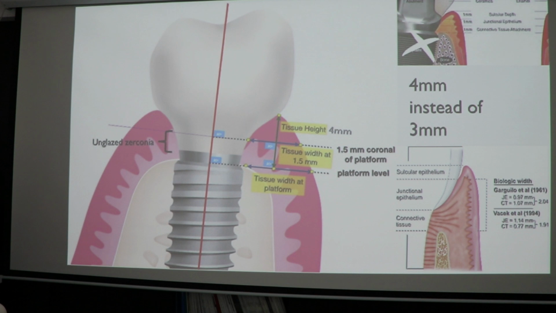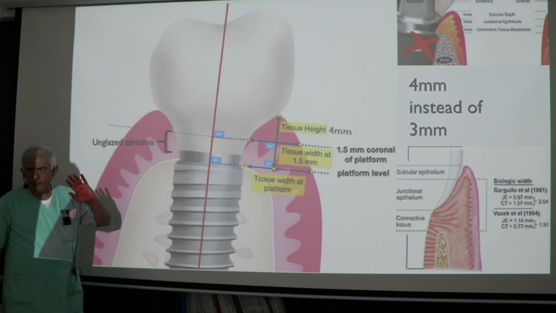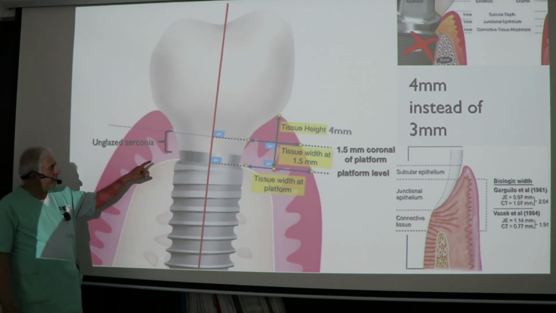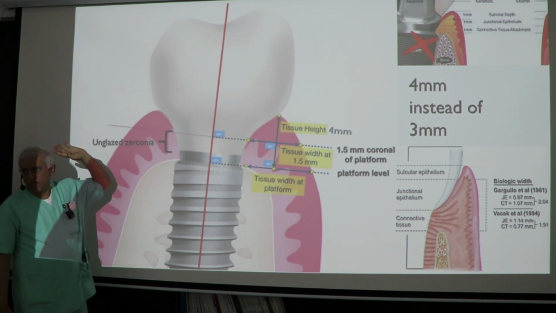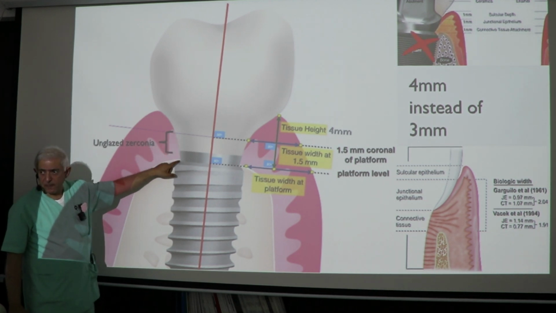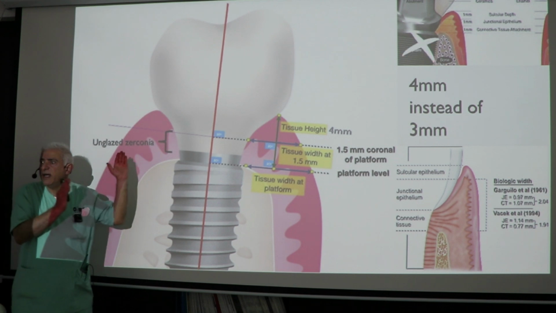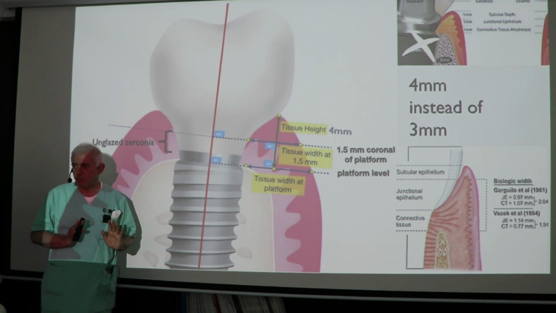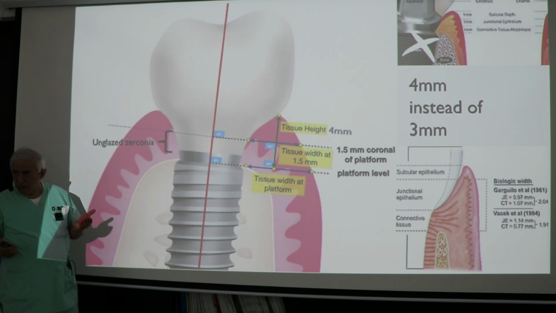This whole 1.5 millimeter is the cuff height. No, the metal and the ceramic, or both of them? From the bone, the 1.5 starts. And this is the cuff height. No, this is the connective tissue. I understand, but let's go to the cuff height. How much of the cuff height should be part of this connective tissue?